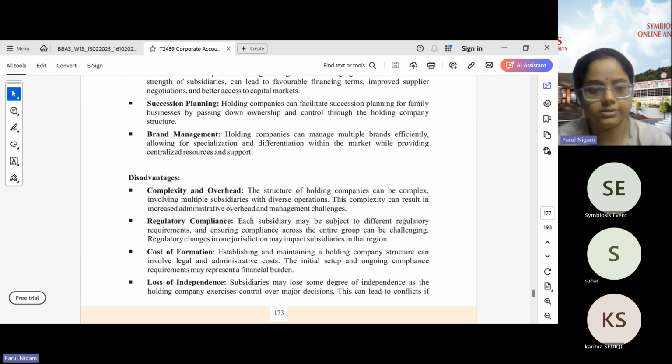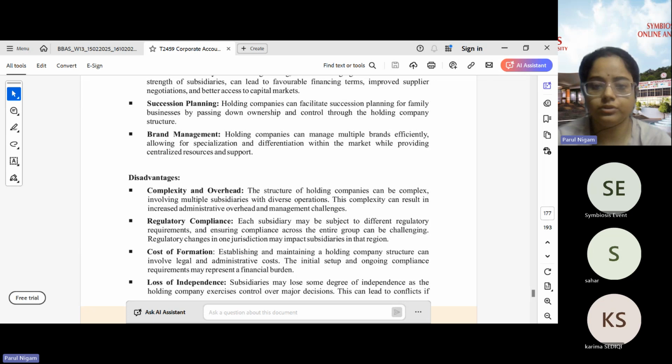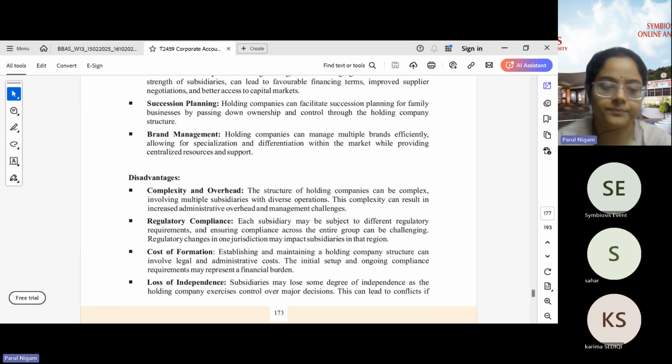Okay, then disadvantages also, that it will result in a little bit of complexity, because you then have to do accounting differently. That's why the holding and subsidiary relationship becomes a little difficult, because accounting is not very similar to what we did earlier. Okay, then regulatory compliances. Each subsidiary may be subject to different regulatory requirements. Now, when they combine, there are two sets of regulations which you have to follow.